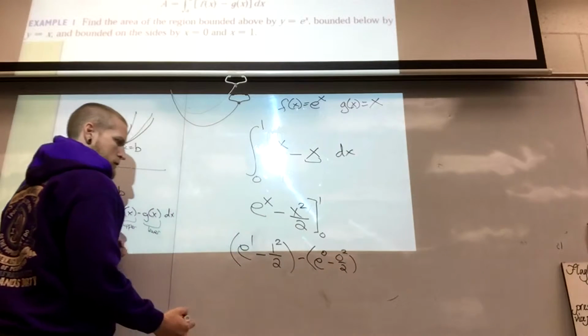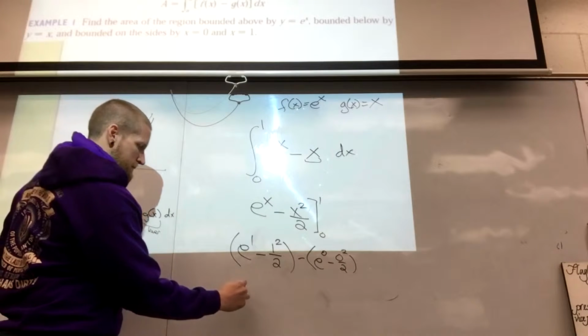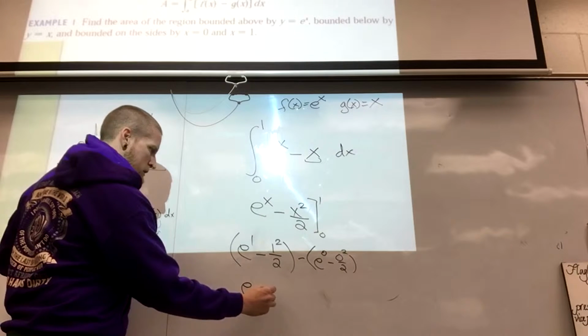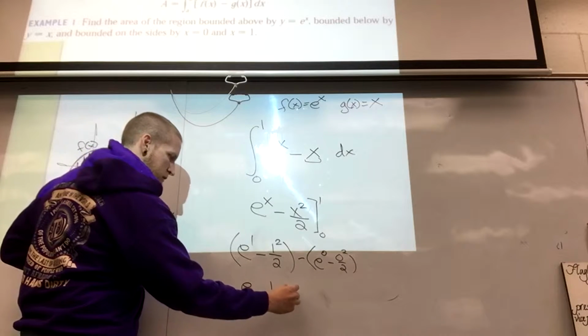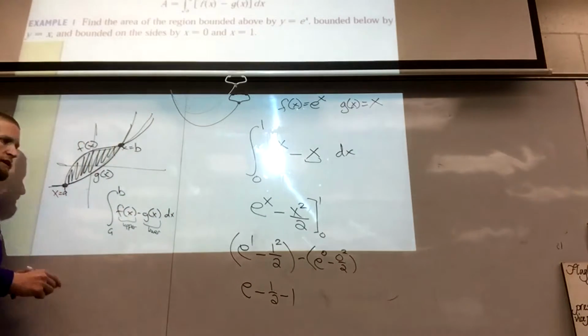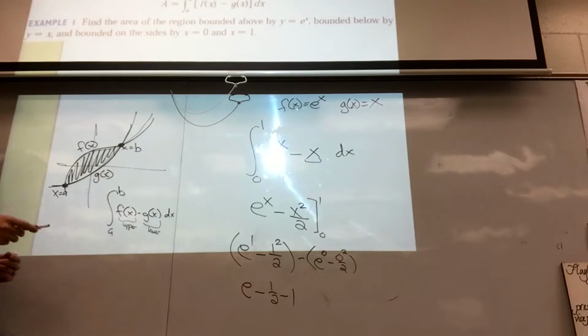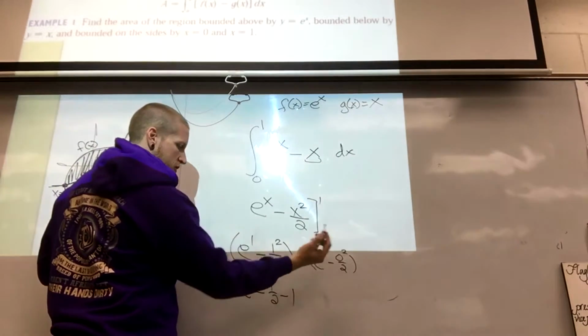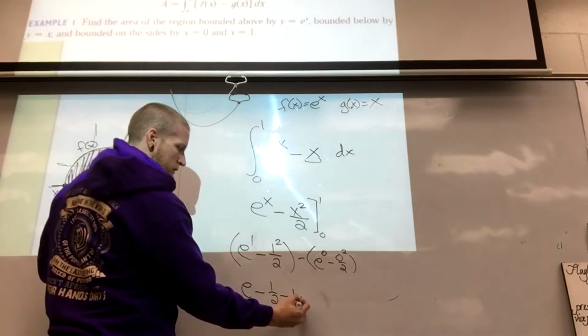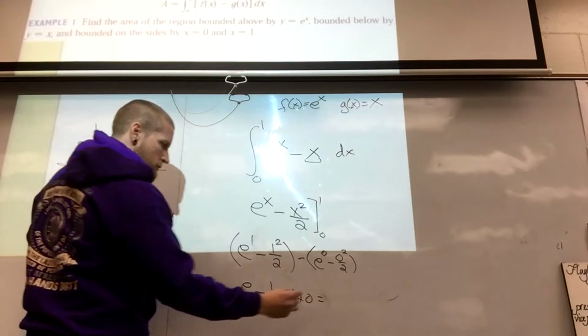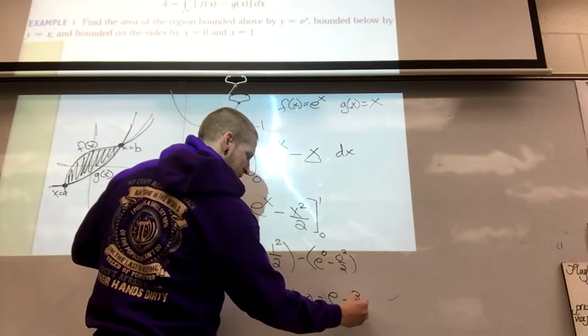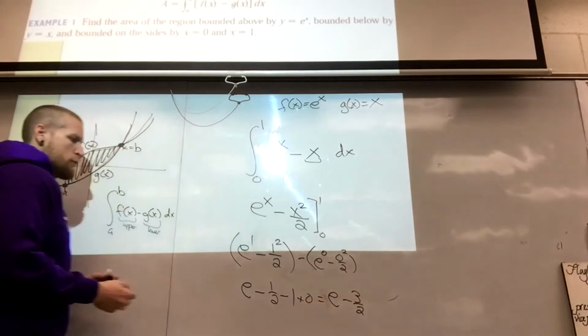So this would be e minus 1/2 minus 1. Right, because e to the 0 is 1. Anything raised to the 0 power is 1, and that's just 0, so I'm not including it. I guess I could include it plus 0. So it becomes e minus 3 over 2.